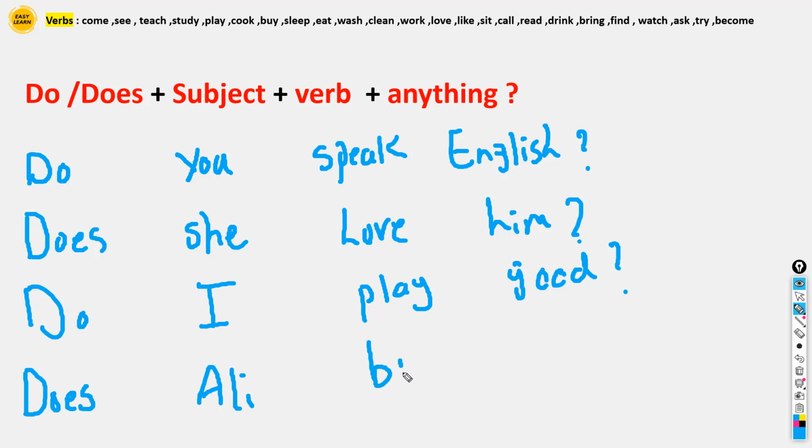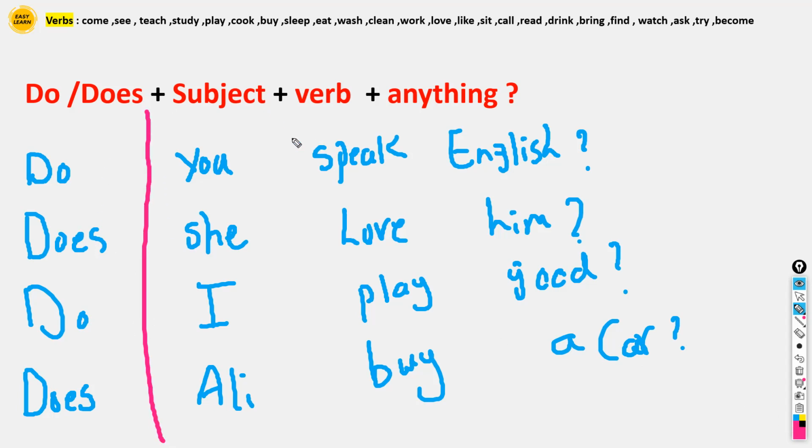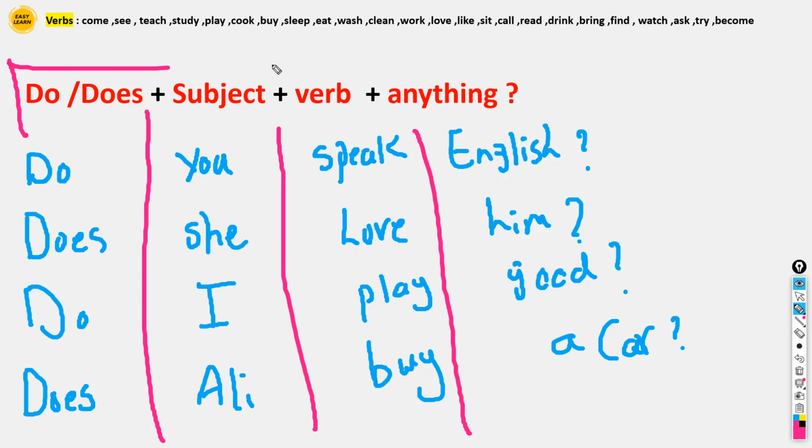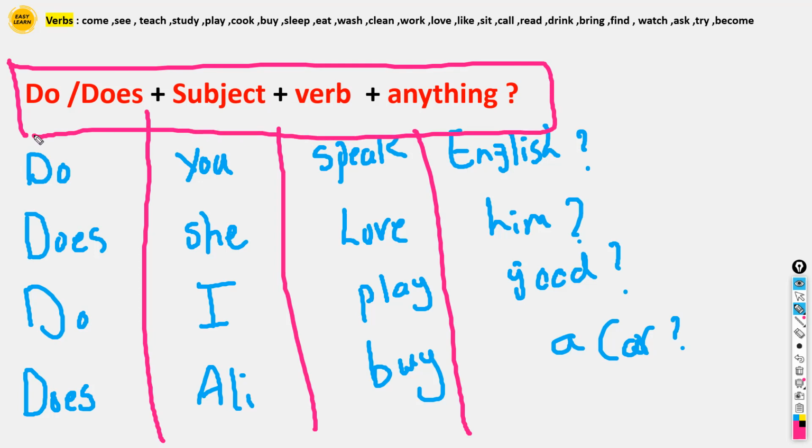Does Ali buy a car? So now, guys, you can see do, does, you, she, I, Ali are subjects, then verb, and anything. So simple, guys. You just learn the formula, and you are going to make a lot of examples.